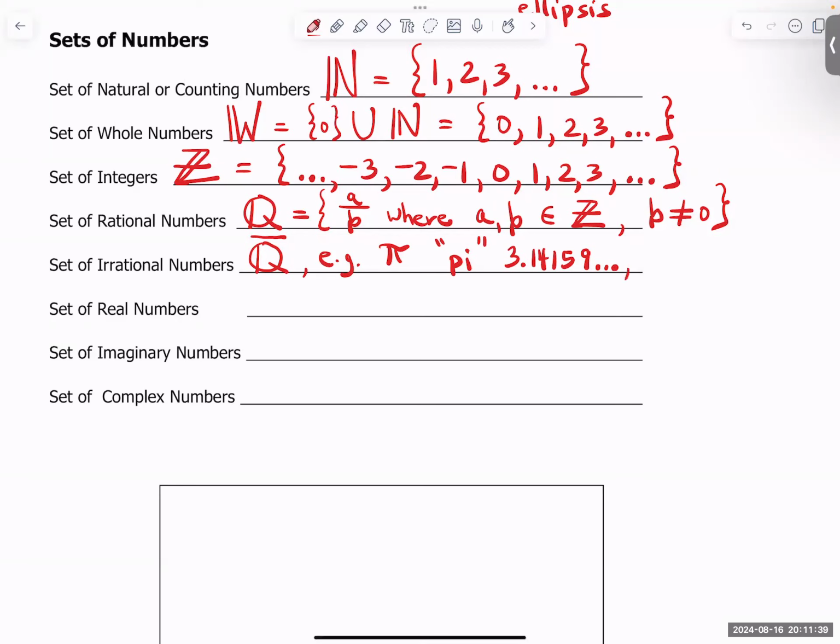Another example is Euler's number, named for Leonhard Euler. It's a lowercase e, and the value is approximately 2.718. The decimal never repeats and never ends.